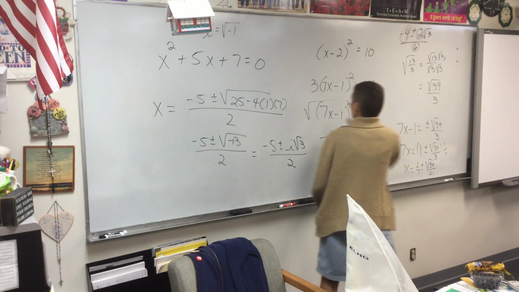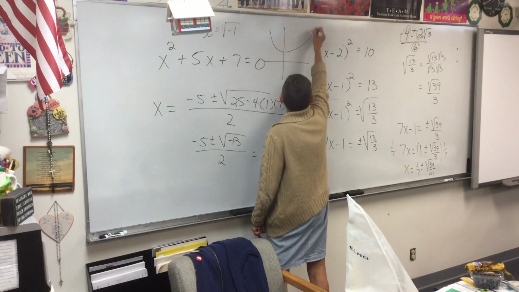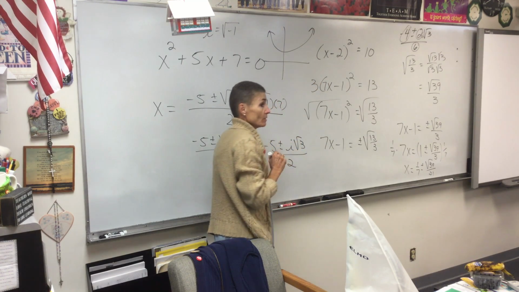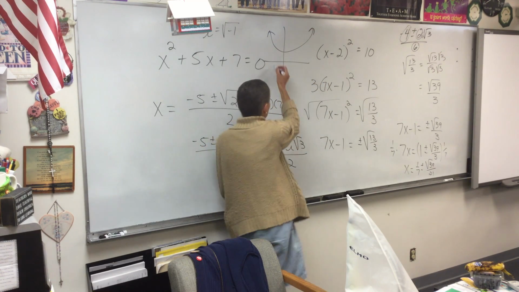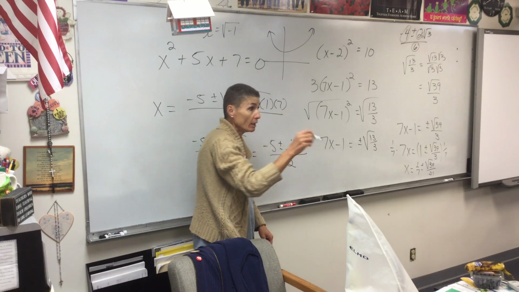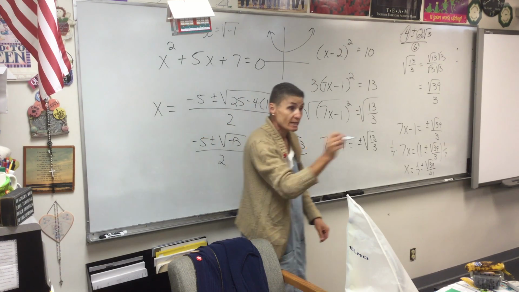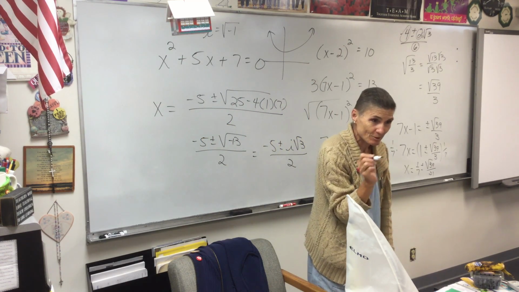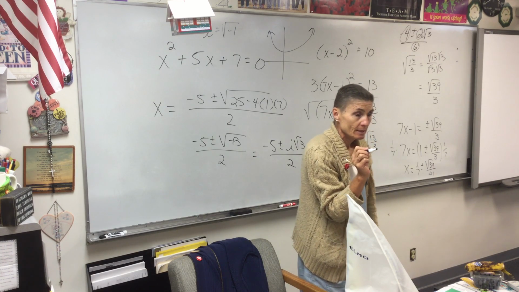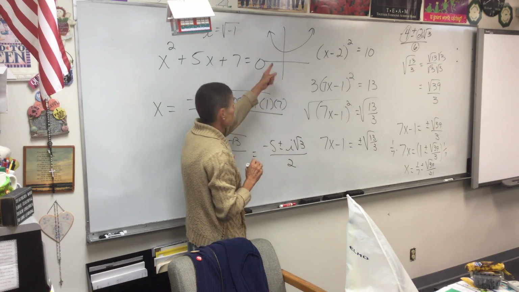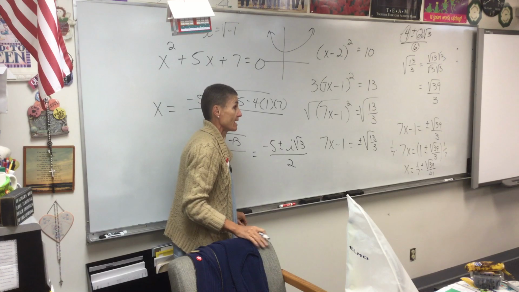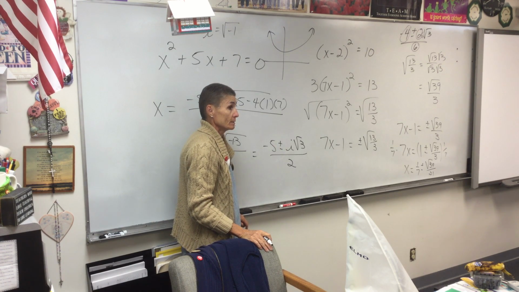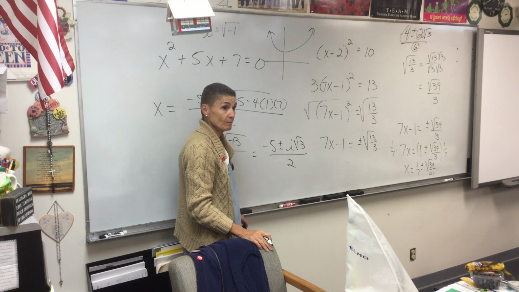You'll have a parabola that's like up here, which tells you that there are no real zeros, because real zeros will be x-intercepts. And if you don't have any real zeros, you're not crossing the x-axis anywhere. Does that make sense to you?